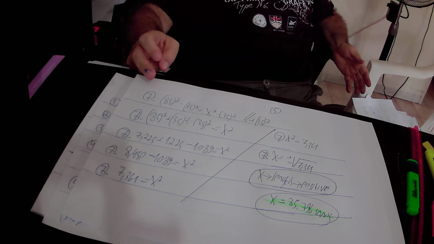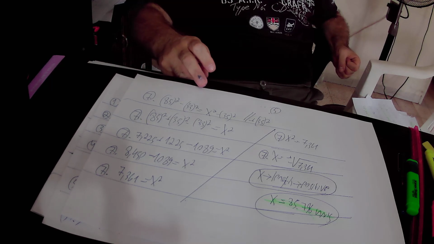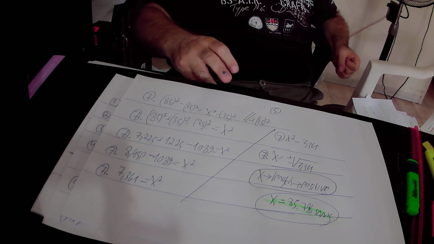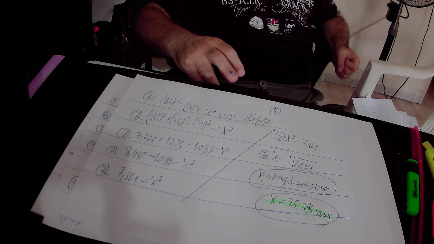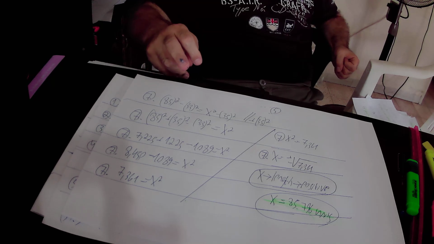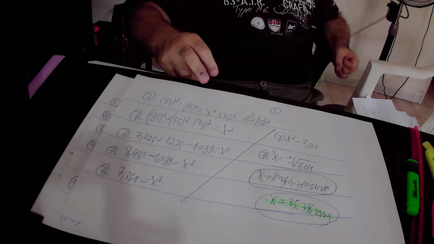That is to say, according to equation number 7, 85 square minus 33 square equals x square minus 35 square. We added 35 square to equation number 7 and found that 85 square plus 35 square minus 33 square equals x square.